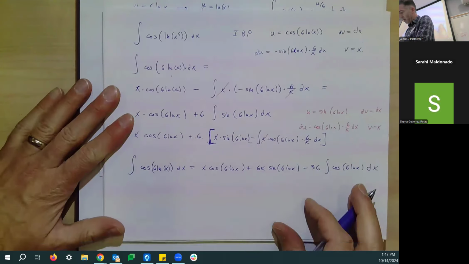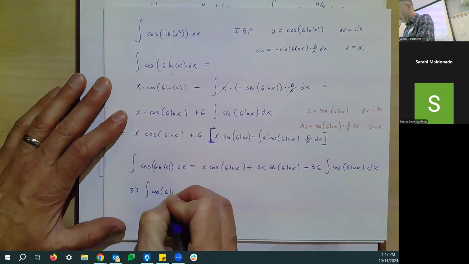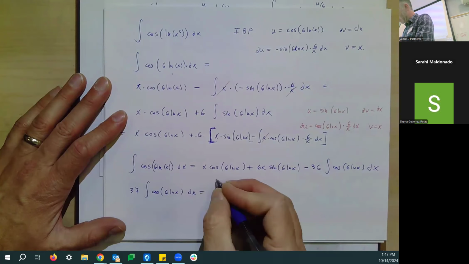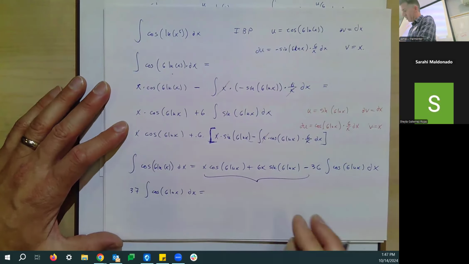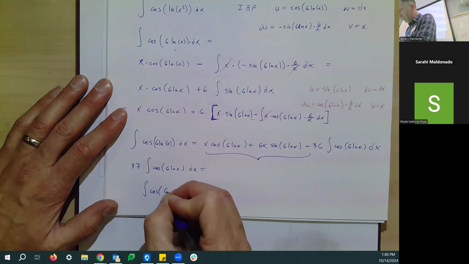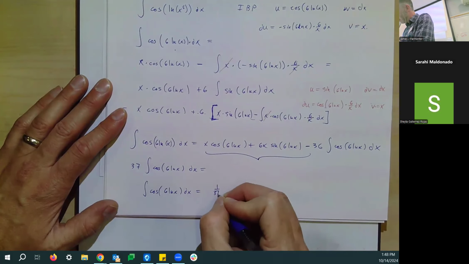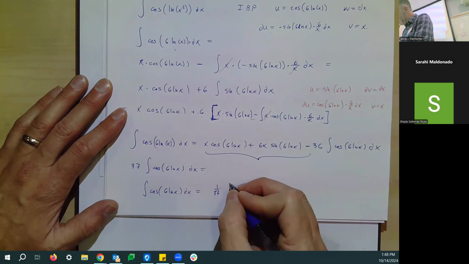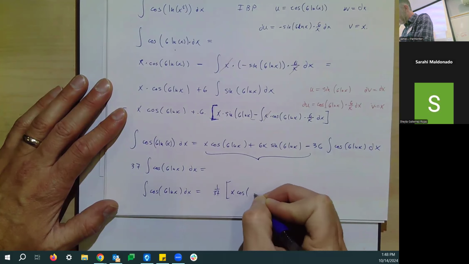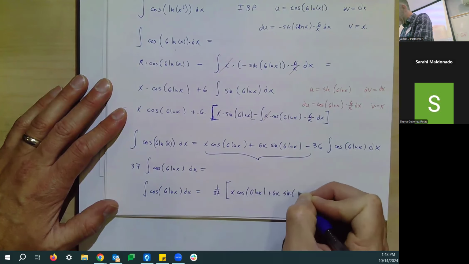You would get 37 times the integral of cosine of 6 natural log of x equal to this same stuff. And then you would divide both sides by 37 to get that the integral of cosine of 6 natural log of x dx is equal to 1/37 times x cosine of 6 natural log of x plus 6x sine of 6 natural log of x.